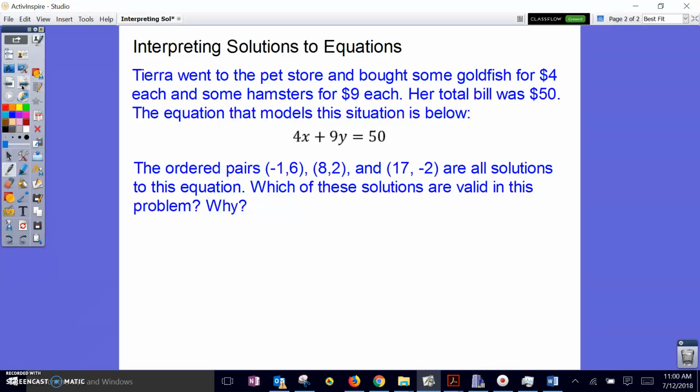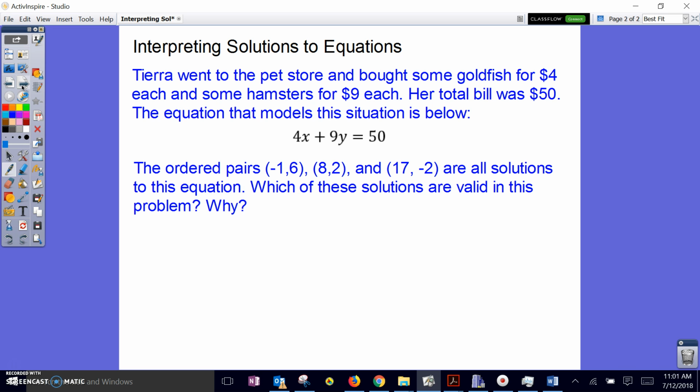We've got an x value of -1 and a y value of 6 in the first ordered pair, an x value of 8 and a y value of 2 in the next ordered pair, and an x value of 17 and a y value of -2 in the next ordered pair. So the question becomes, what do x and y represent? And that's going to help us decide which of these solutions are actually practically valid.